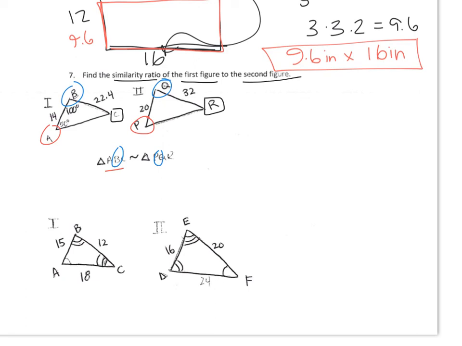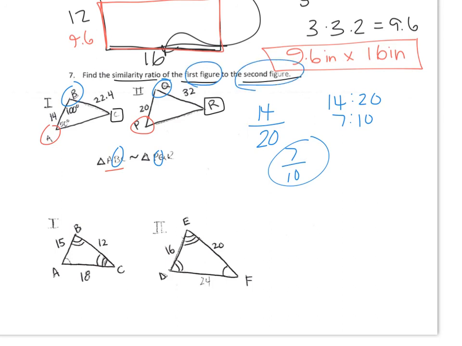So you can take one of the first, I'm going to take 14, because it says first figure to the second figure. So 14 divided by 20, and then reduce it. So this is 7/10. Because it reads first figure to second figure, you put your first figure first, and then the second one.